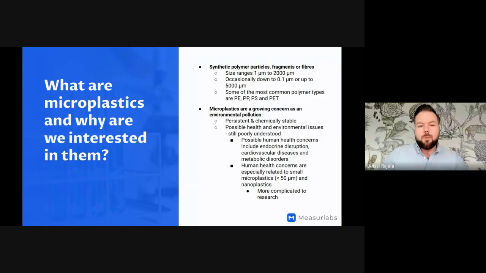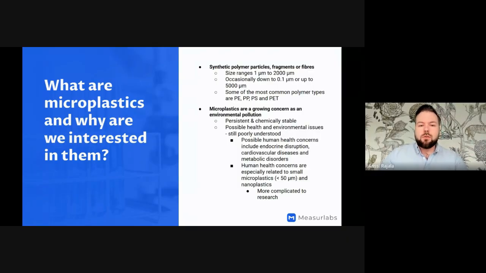Some of the most common polymer types we see in microplastics are polyethylene, polypropylene, polystyrene, and PET, and also polyurethane, PMMA, silicone, PBT, etc. There are many other types also, but those 4 I would consider the most common ones.